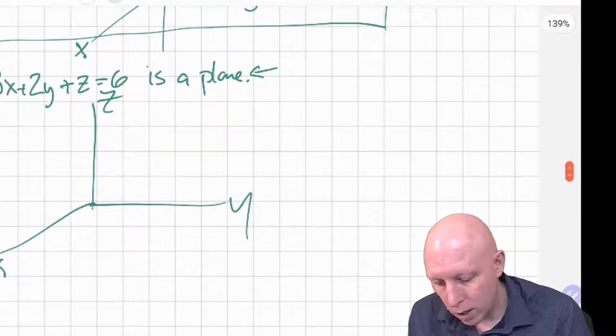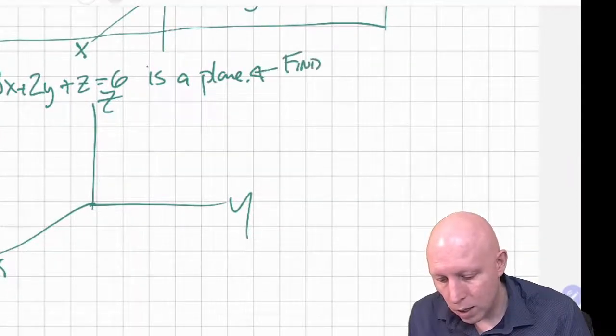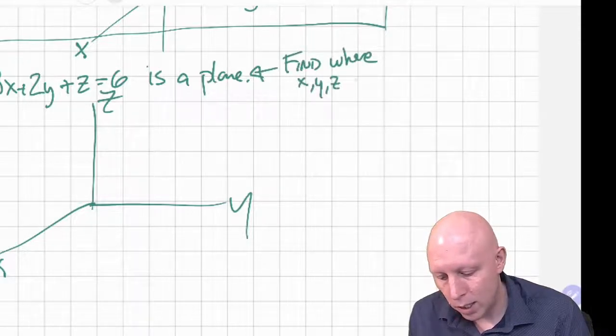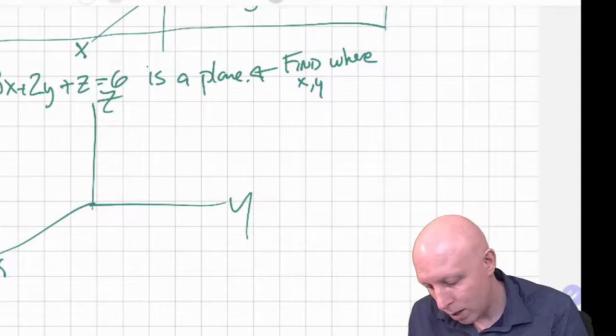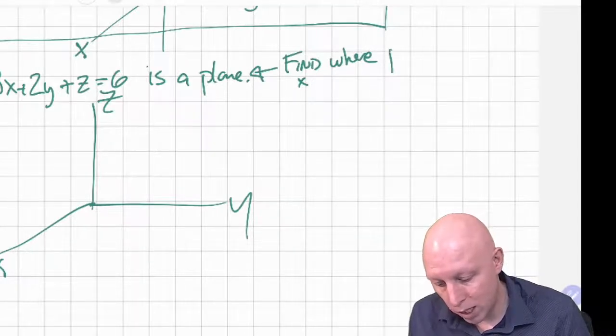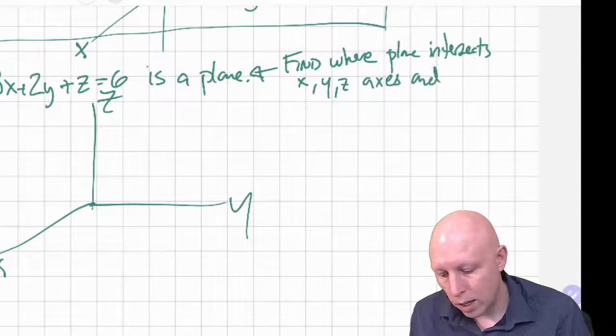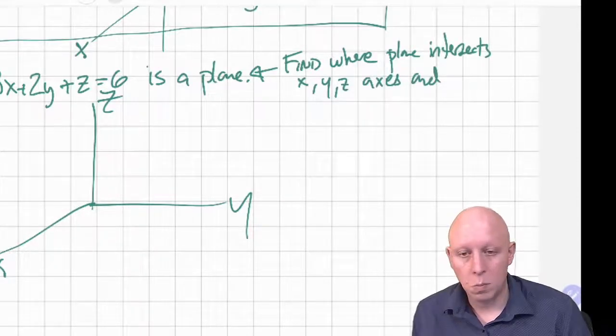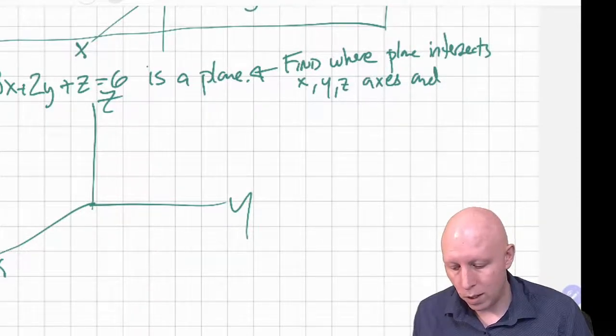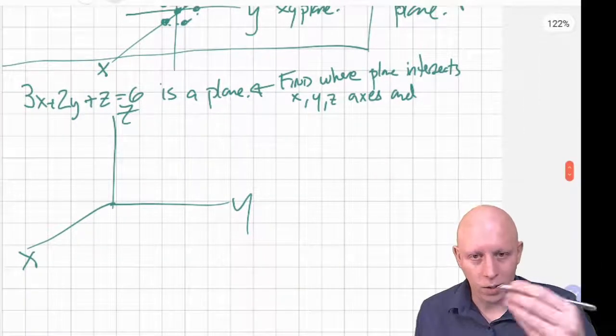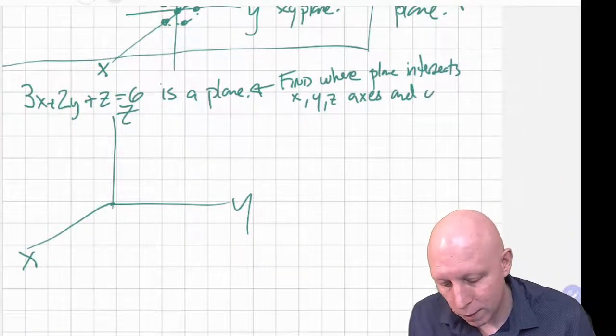So find out where the plane intersects the x, y, z axes, and then use those points to help draw the plane.